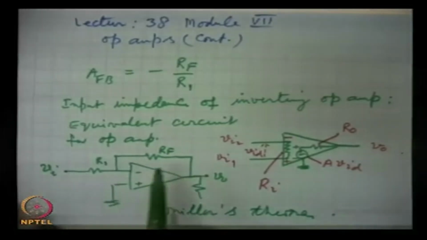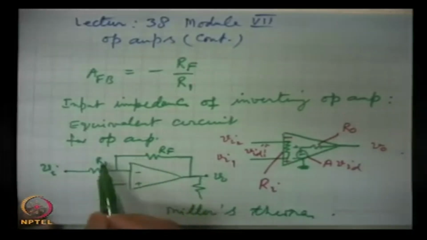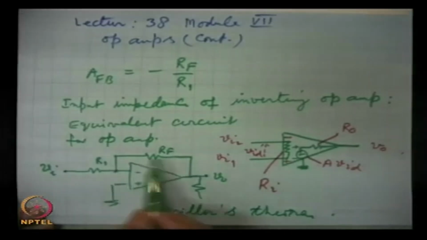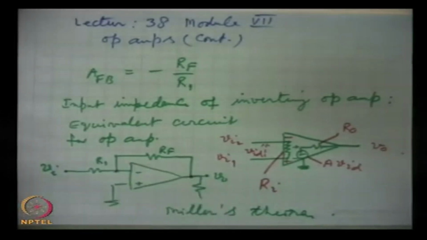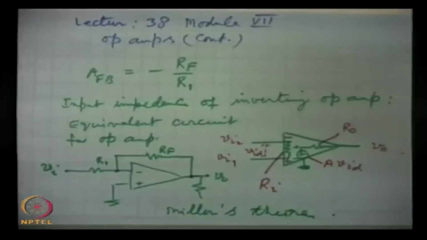What is Miller's configuration? One end of the resistor is connected at the input and the other end is connected at output. So, this is in Miller's configuration and we can apply Miller's theorem. So, in that case the impedance which we will be getting is this.